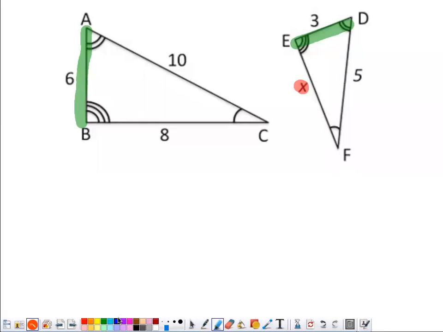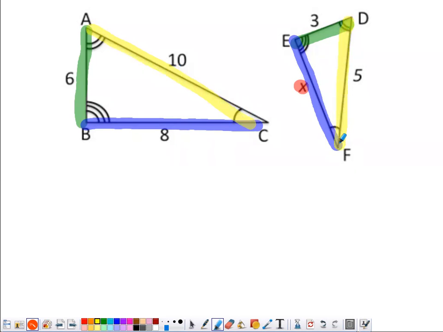What other sides correspond? Hayden, what sides? BC and EF, those do correspond. AC and DF, those are going to be in another color, right? AC and DF correspond.